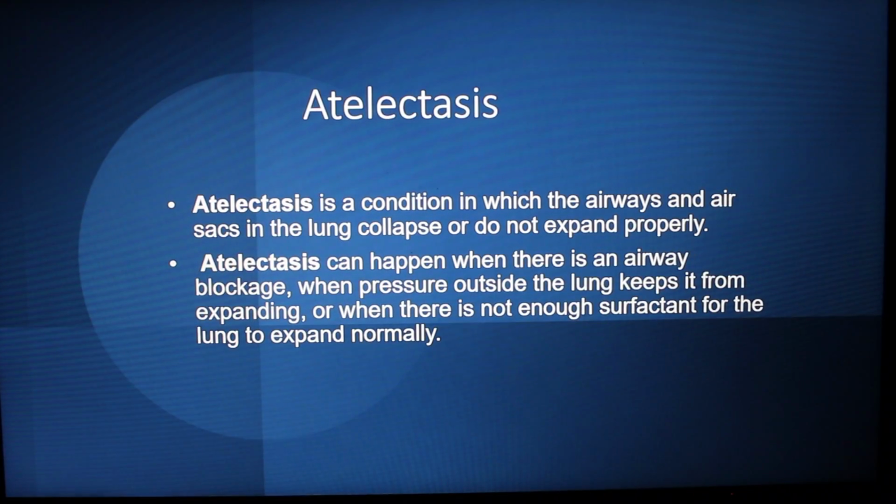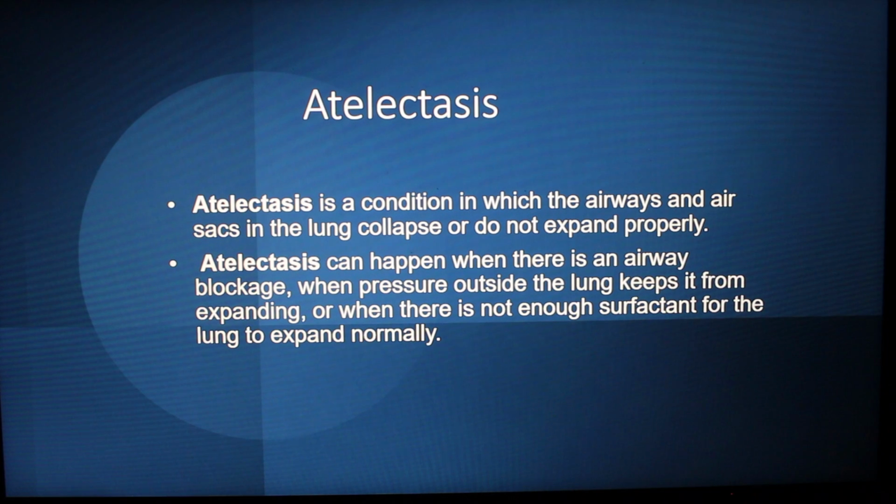So you hear us use the word atelectasis a lot. Atelectasis is just a condition in which the airways and the air sacs, the alveoli in the lungs, collapse, or they don't expand properly. It can happen when there is an airway blockage, if there's mucus in the bronchioles, or when there's pressure outside the lung to keep the lungs from expanding, or when there's not enough surfactant for the lungs to expand normally.